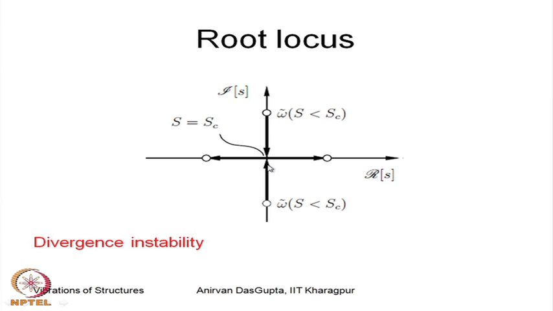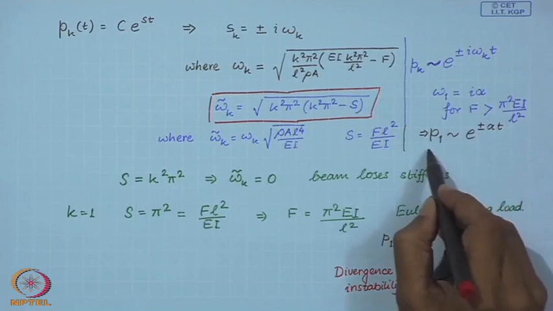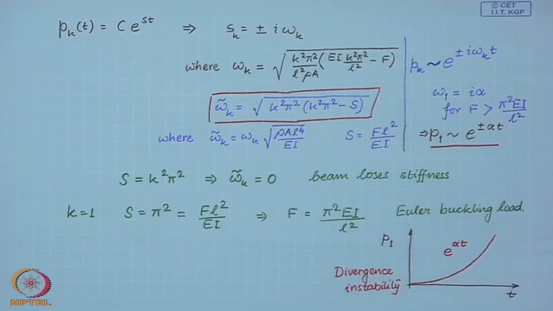Here, as we have seen, we have this plus minus alpha. Now, there is this root on the positive side which is going to lead to instability. That is what we look at here in the solution.